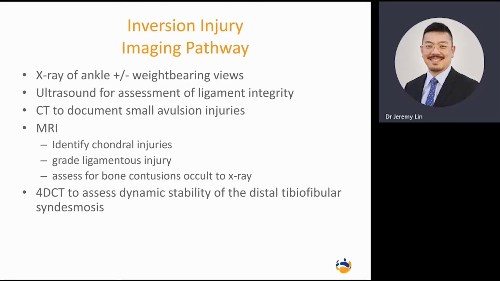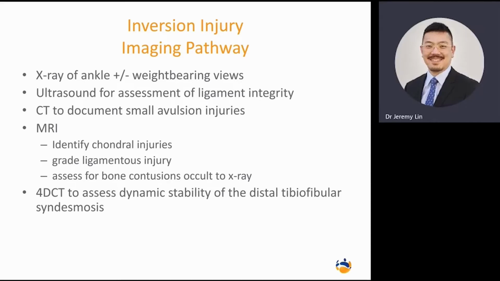Now, in an acute injury, what we will see is the avulsion fractures that we talked about in the previous slide. You'll see the avulsion fracture from the tip of the fibula. You can see if it's a big Weber fracture. However, what we have difficulty seeing on the X-ray and CT is the ligaments.